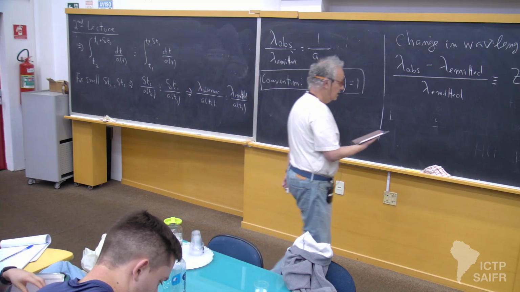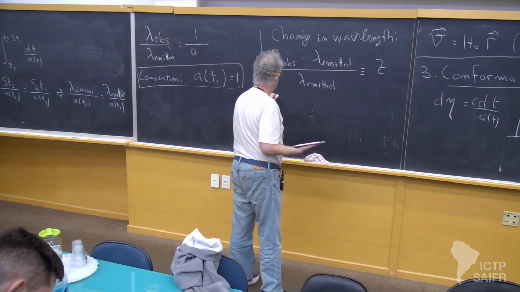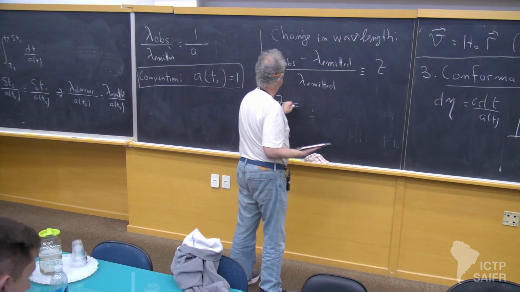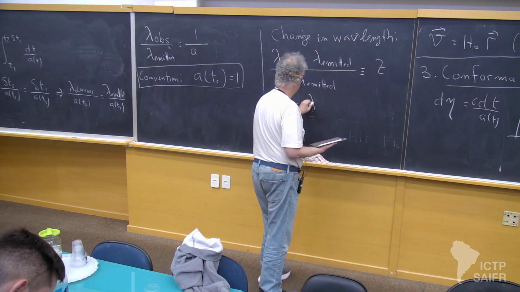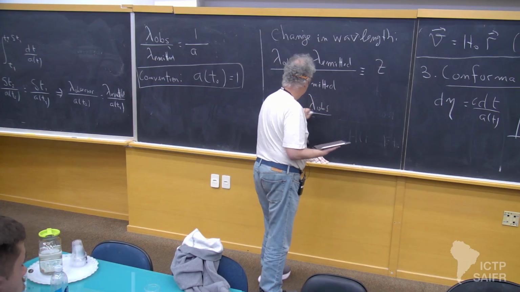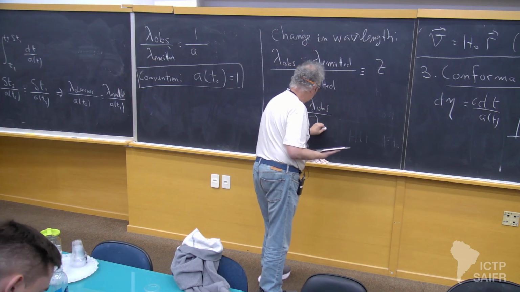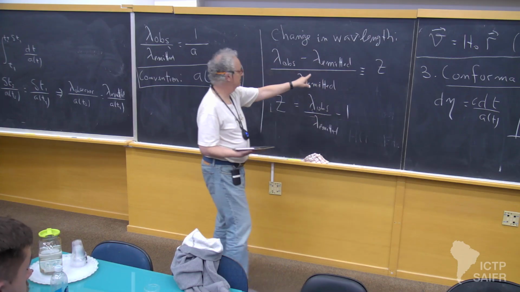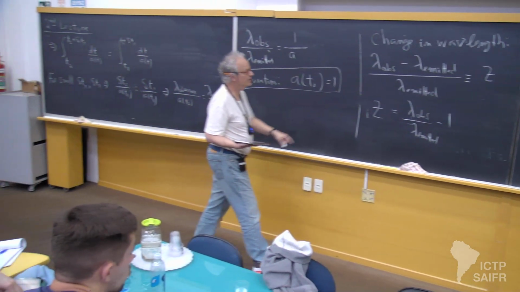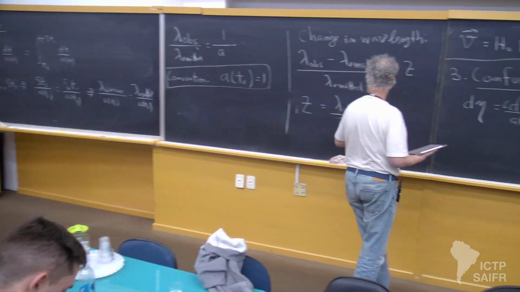Okay. So the shift in the wavelength is just lambda observed over lambda emitted minus 1. I just explicitly divided by lambda emitted here in the second term.